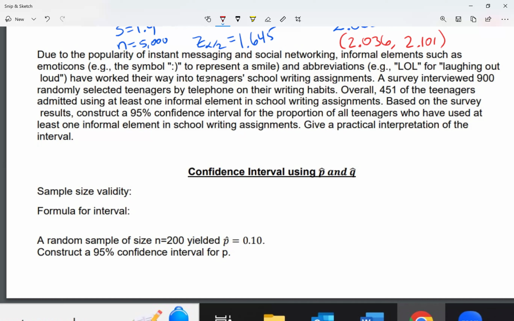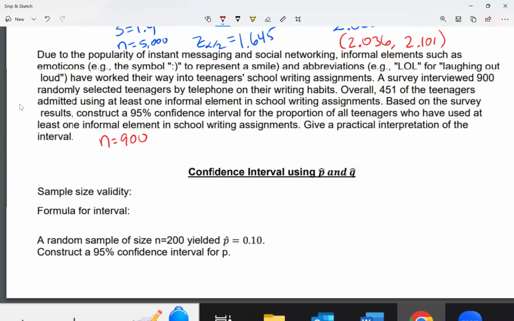Okay, so going back to this. Abbreviations and symbols have worked their way into teenagers' school writing assignments. A survey interviews 900 randomly selected teenagers. Okay, this is important. I see a number. We interview 900 people. So that's my sample, right? I'm going to say my sample here is 900.